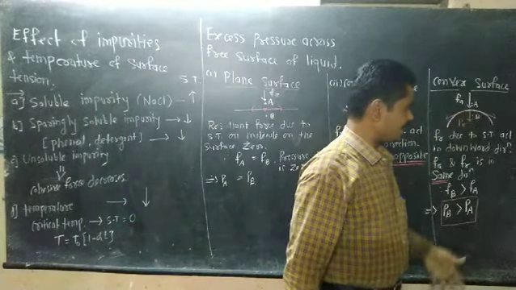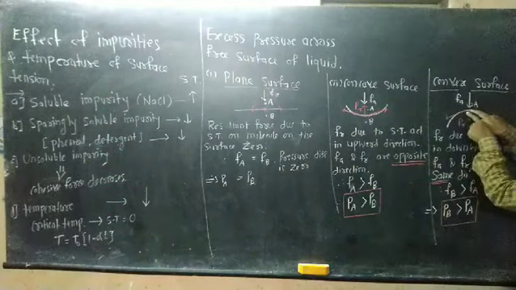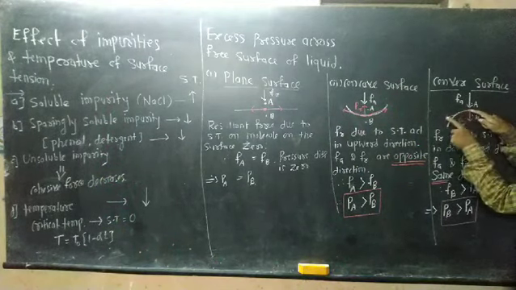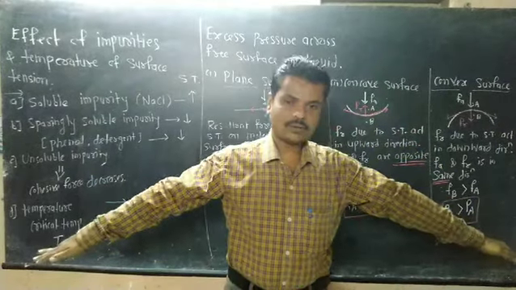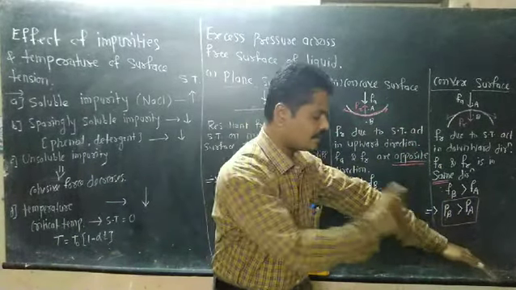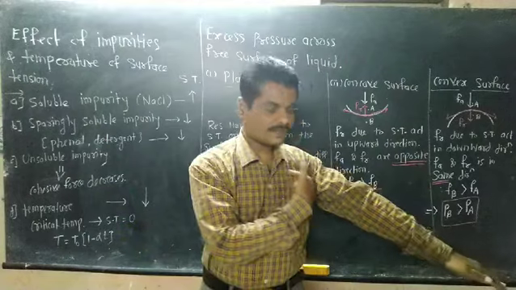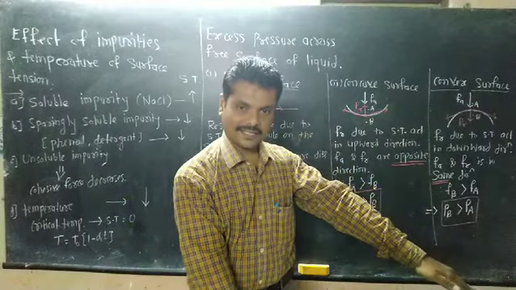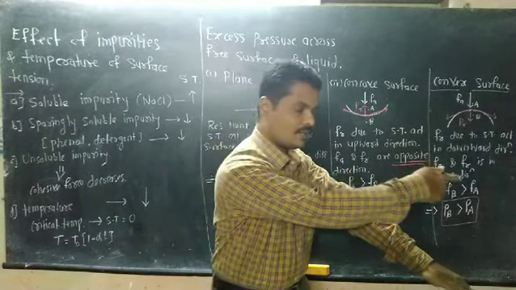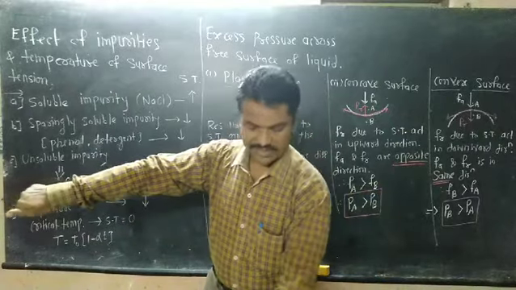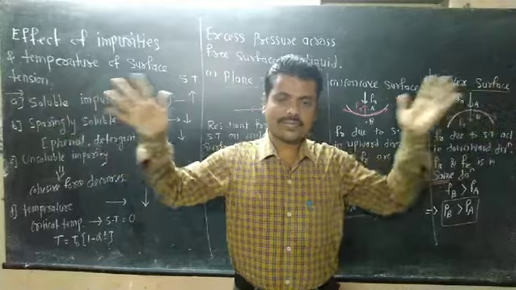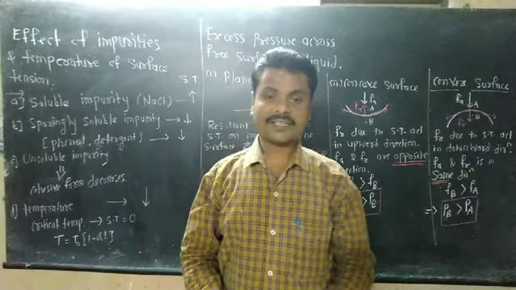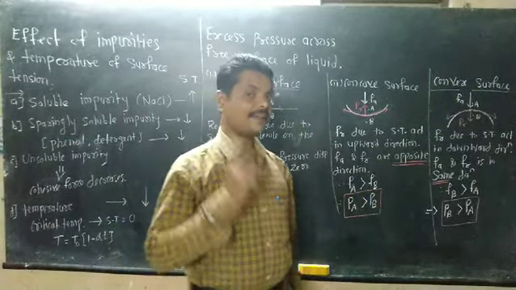You check carefully, the tangential forces, that is surface tension forces, move in downward direction. You can take the components of this force: one component in downward direction, one component horizontal. Horizontal components cancel each other, while the downward components add to each other.